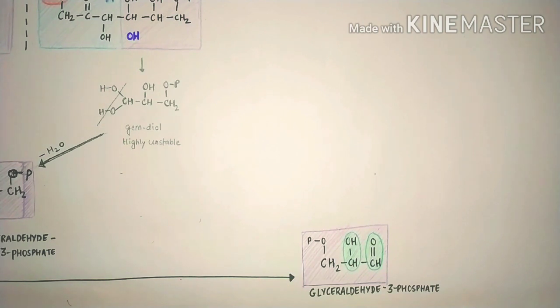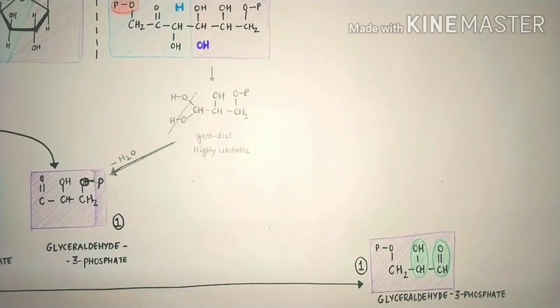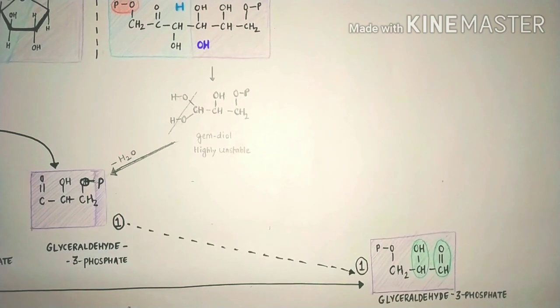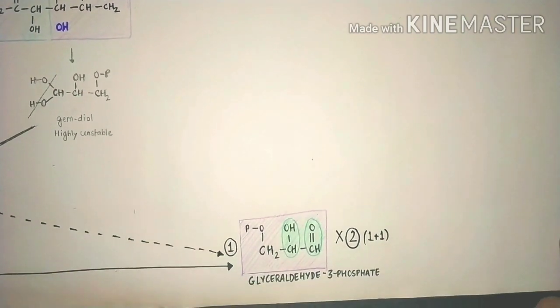So, we have one molecule of glyceraldehyde 3-phosphate from step 4 and another molecule from isomerization step 5. So, in all, we have 1 plus 1 equals 2 units of glyceraldehyde 3-phosphate. So now everything happening in the reaction from this point will be for 2 molecules. Thus, it will be multiplied by a factor of 2.